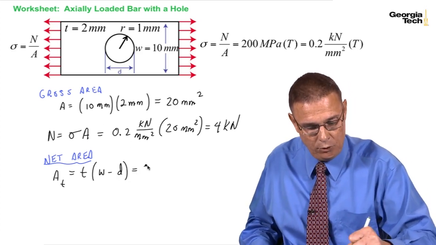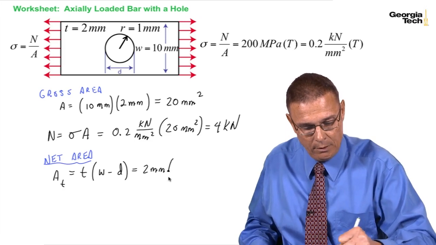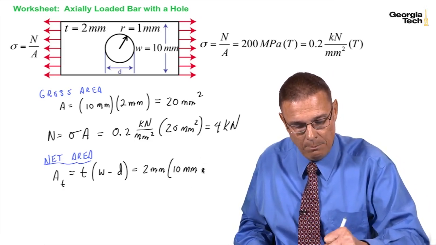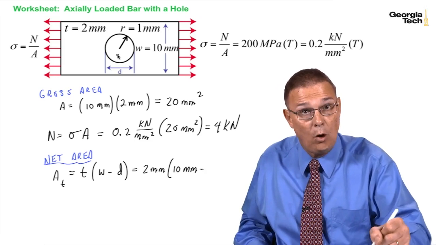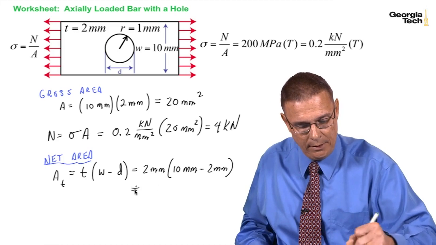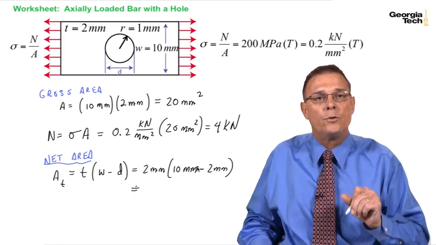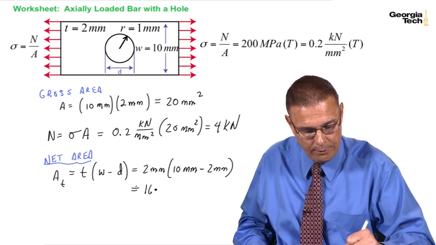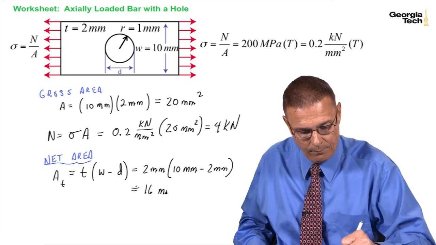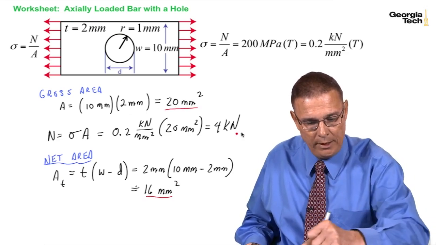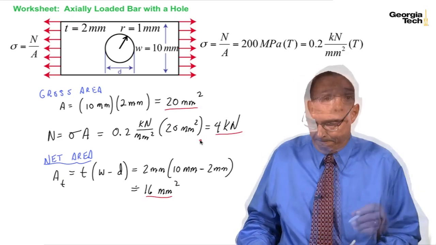That's 2 millimeters times the entire width, 10 millimeters, minus the diameter of the hole, which is 2 millimeters. And so the net area ends up being 10 minus 2 is 8, times 2 is 16 millimeters squared. We'll use that later on along with the gross area and the normal force.